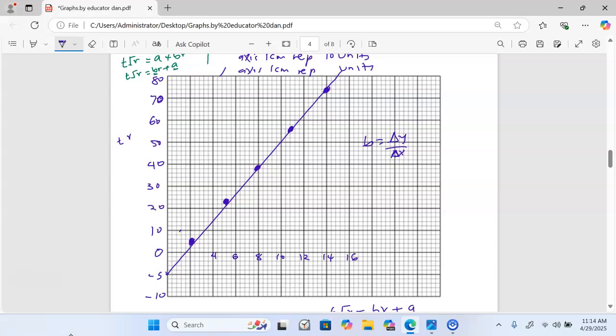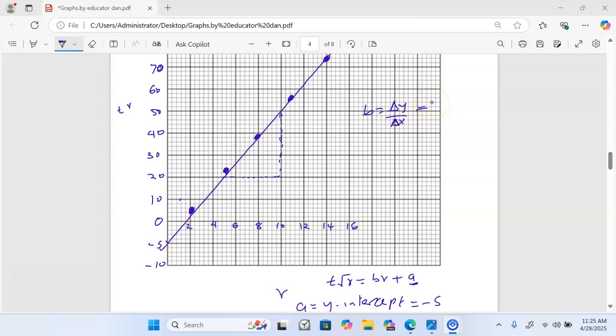Allow me to pick a point: the change in y will be 50 minus 20, divided by 10 minus around 5.